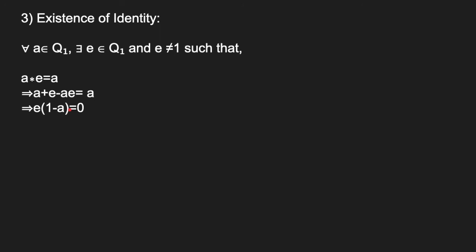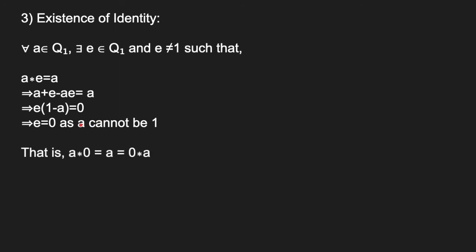Now we can take E common, that is E into 1 minus A equals 0. So hence E has to be 0, as A cannot be 1. So that is A star 0 equals A, and in a similar manner 0 star A, both are the same.